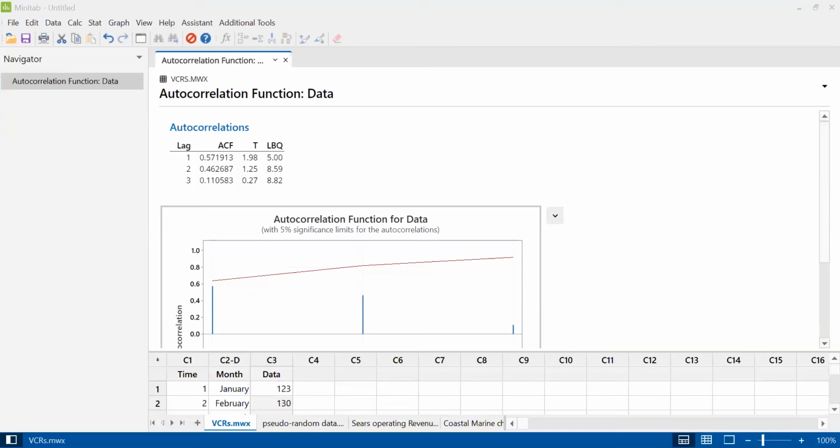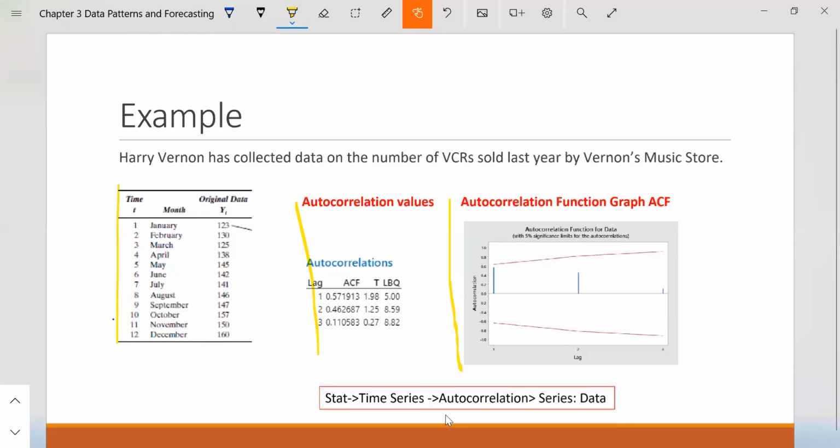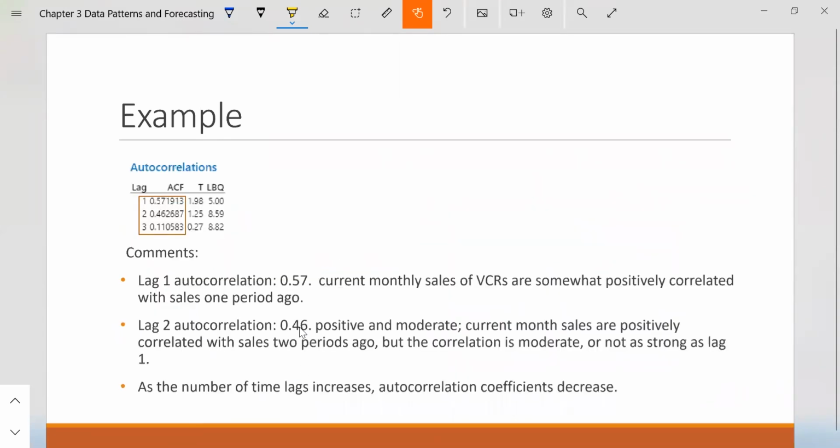Okay, so let's return to our PowerPoint slides. And so far in Minitab, we've been able to obtain the results as I showed here. All right, and I briefly explained what we can tell when looking at the Minitab output. Once again, here are some of the details of what I just said.